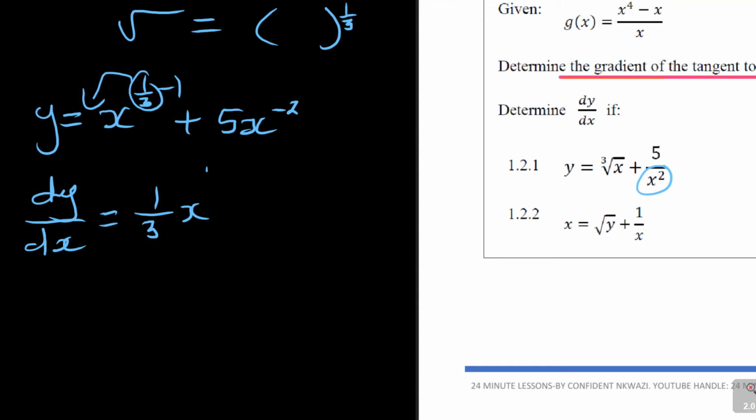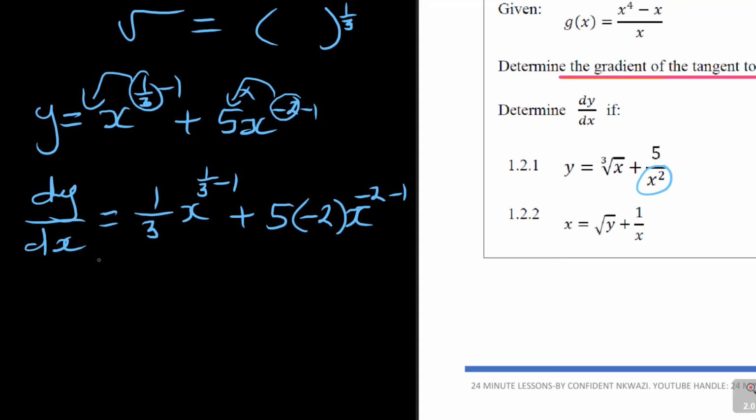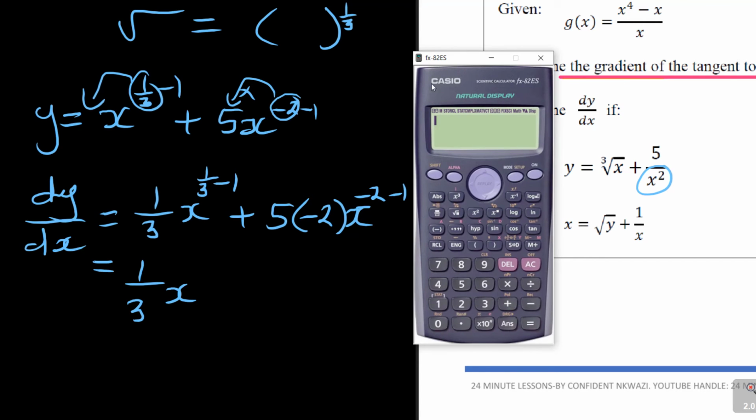So 1 over 3 minus 1, plus 5. You do the same thing here. You drop this, you multiply, subtract 1. So it's 5 times negative 2 x to the power of negative 2 minus 1. Alright, which is equal to 1 over 3 x to the power, this one I think will give you negative 2 over 3. Then minus 1.